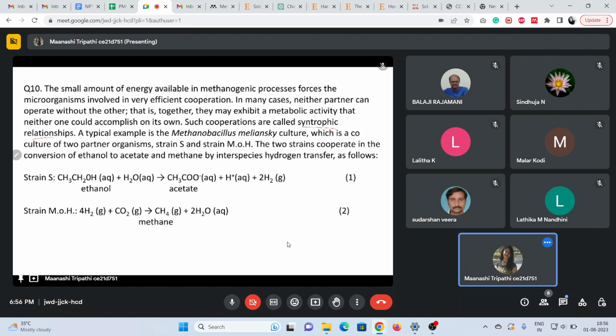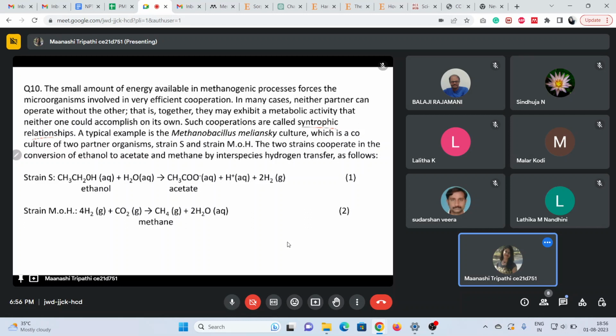In the first reaction, while ethanol is converted to acetate, hydrogen is produced. But if this hydrogen starts accumulating, first of all we should know our final target. Our final target is methane, because this is a biogas that can be used for various energy practices.